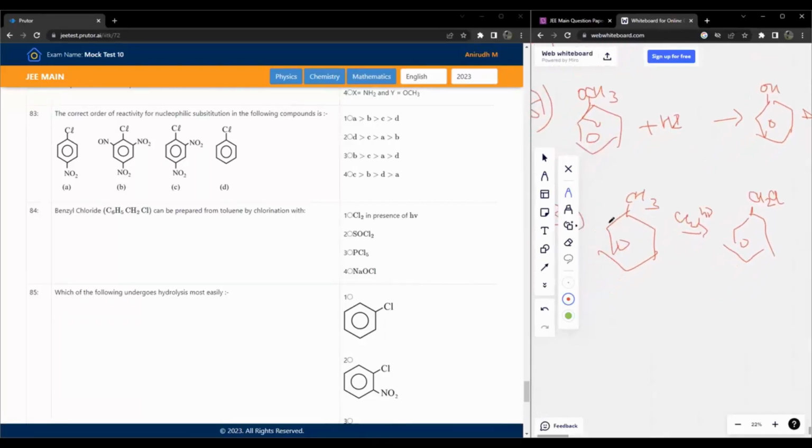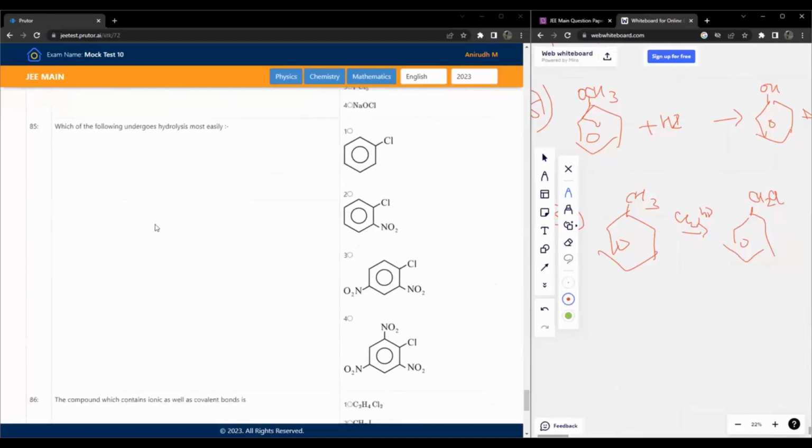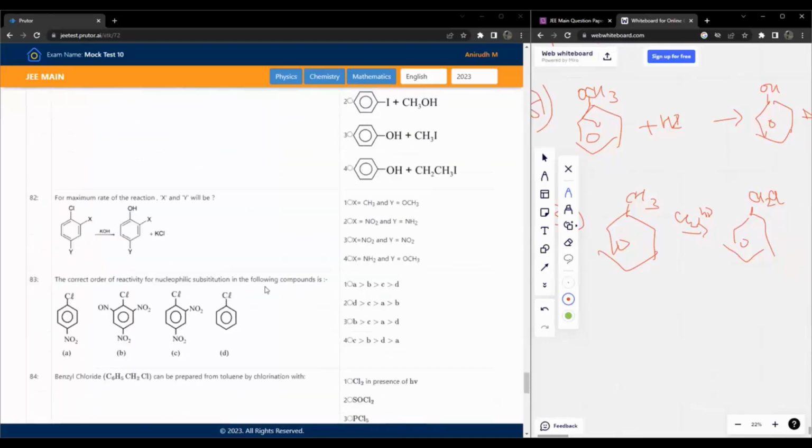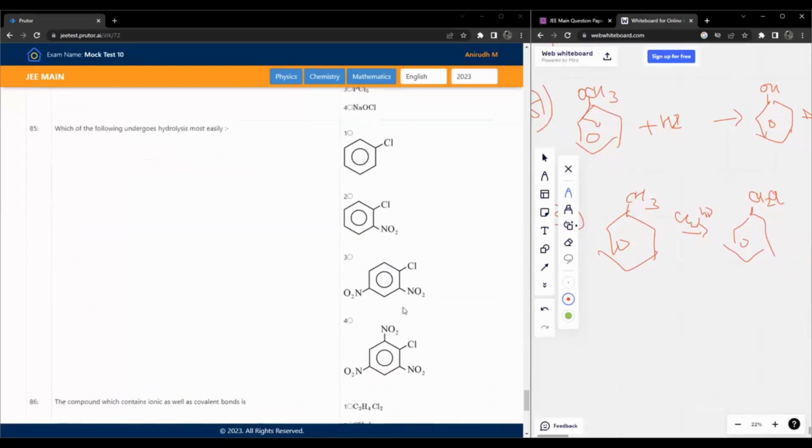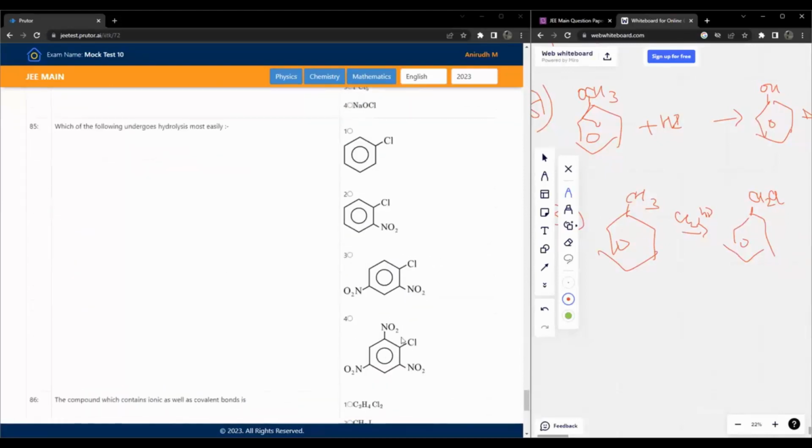Because you're not substituting on the benzene ring, you are just doing a free radical substitution over here. So Cl2 in the presence of sunlight is enough. Not SOCl2, not PCl5, not NaOCl, nothing. You need just Cl2 and sunlight. Right. 85. Hydrolysis proceeds steadily. That's almost the same as 83, right? And you get 4. 4 is your answer.